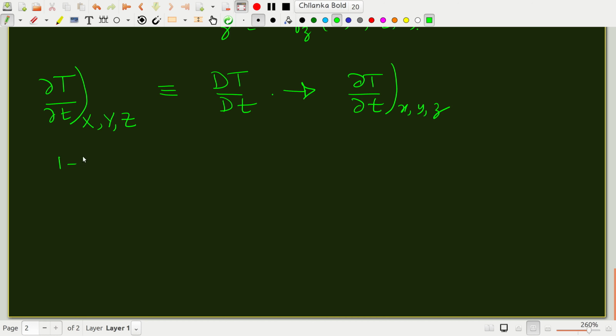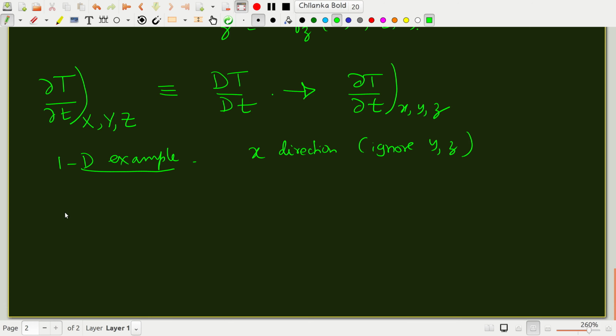Let's take a one-dimensional example. By one-dimensional example, I mean that there is variation only in the x direction. We ignore the y and z directions for the moment. We can generalize this immediately after we understand this simple example.